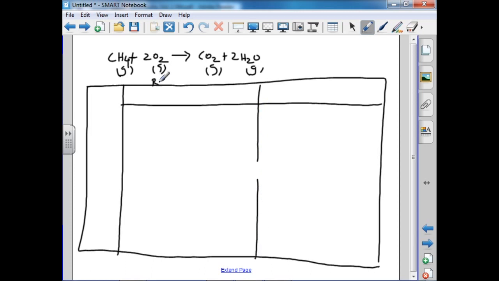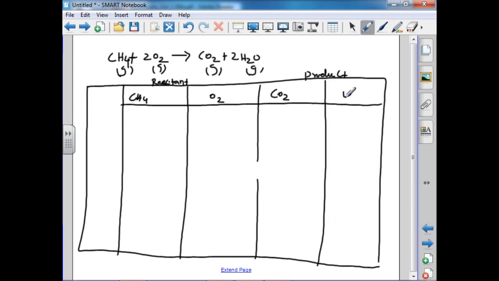The reactants are CH4 and O2. The products are carbon dioxide and water.